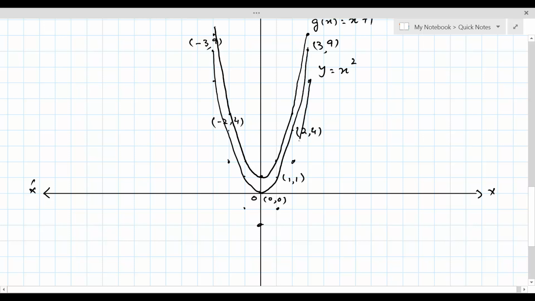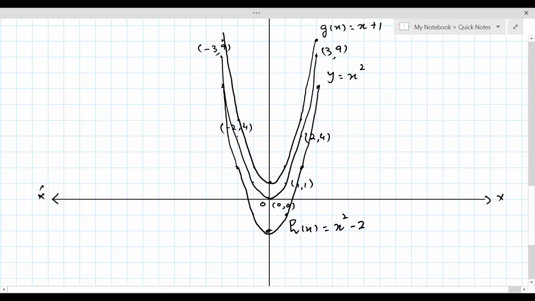So now the new graph, this will be, using these points, and using these points, if we draw the graph again, so this will be the graph. This is h of x is equal to x square minus 2.